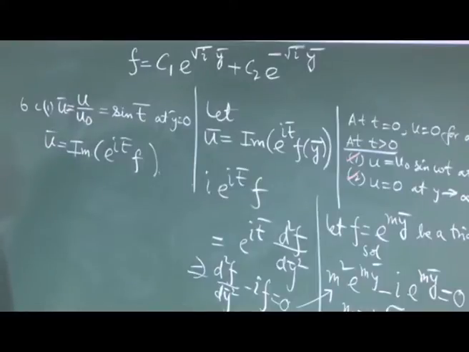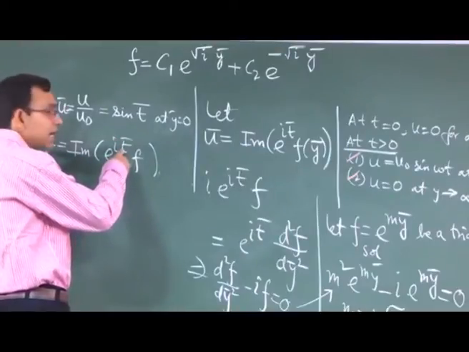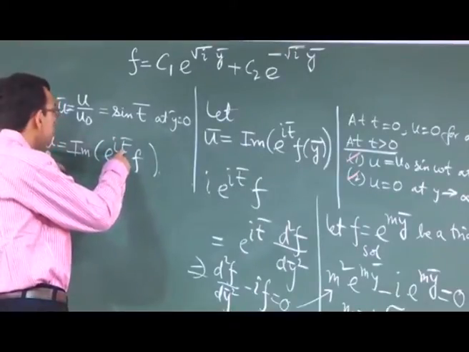So, now at y equal to 0, you have u bar is equal to sin t. So, imaginary of e to the power I t is what? It is itself sin t.